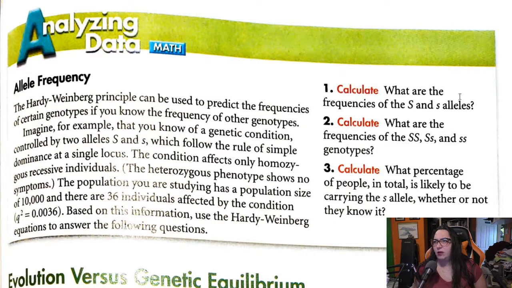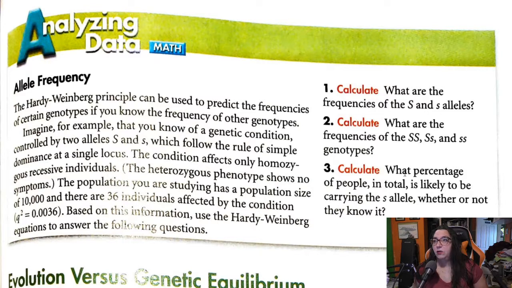So we're asked to calculate the frequencies of the big S and little s alleles. We're asked to calculate the frequencies of the big S homozygous dominant, big S heterozygous, and little s homozygous recessive genotypes. These are the genes that they actually have.